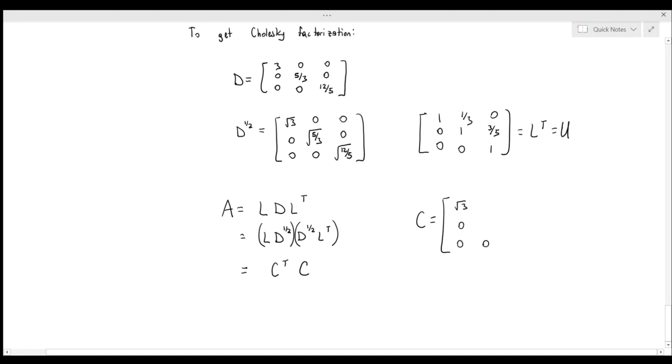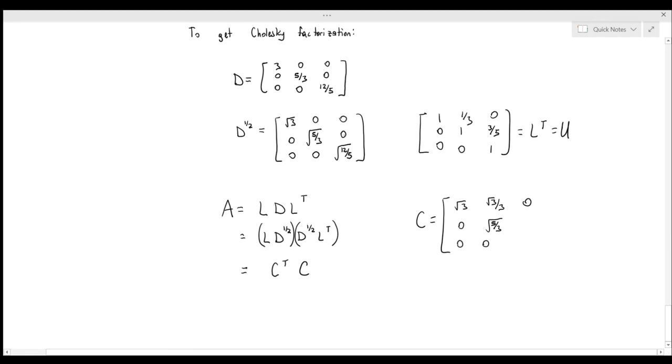Okay, so I'm going to do row times second column. Okay, so √3/3. And then row times the third column. Looks like that one is 0. Then row times this column to get this entry. So that will be square root of 5/3.